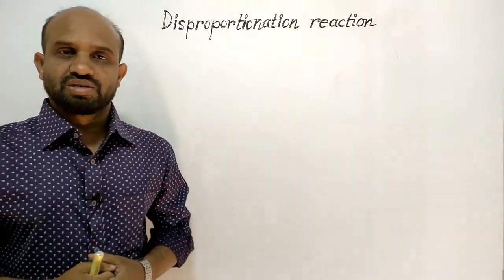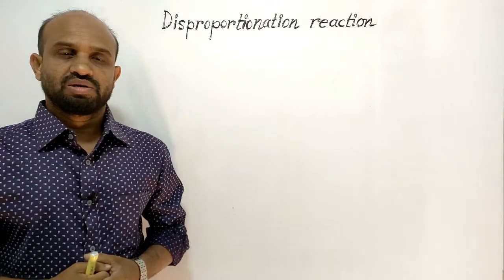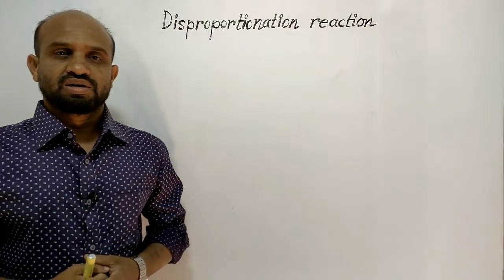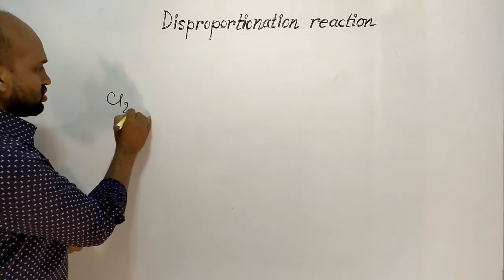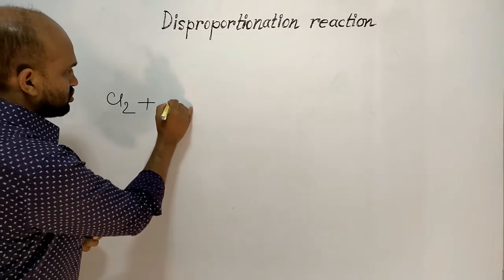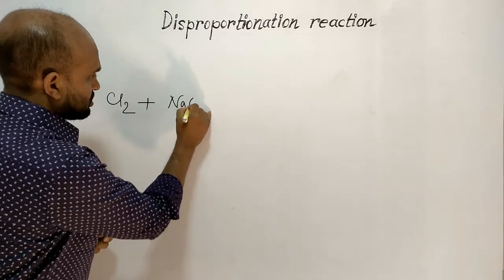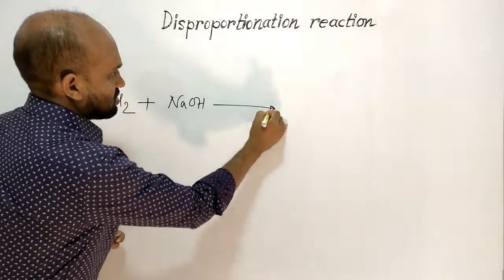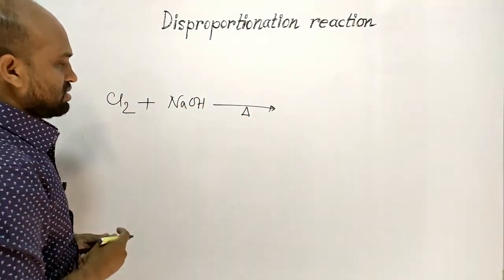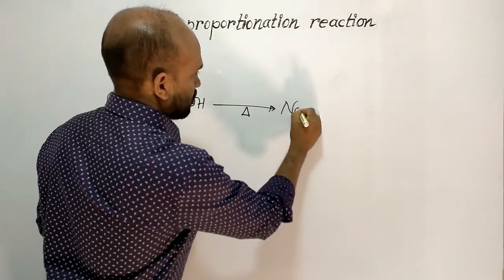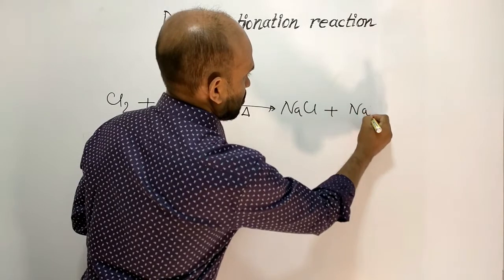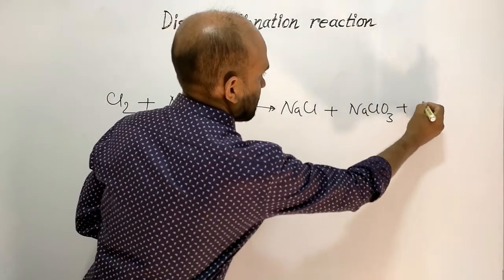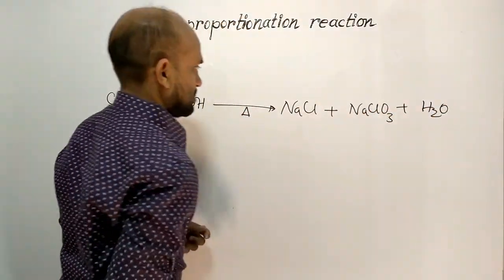A disproportionation reaction is between chlorine and caustic soda. When chlorine is added to hot caustic soda, then sodium chloride, sodium chlorate, and water are formed.